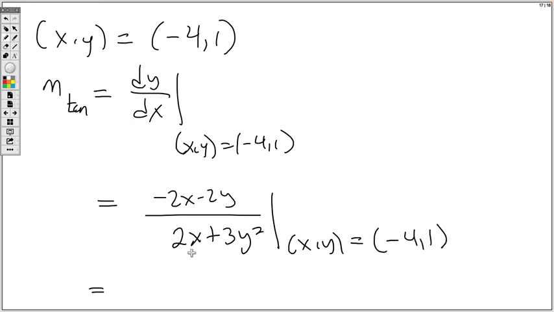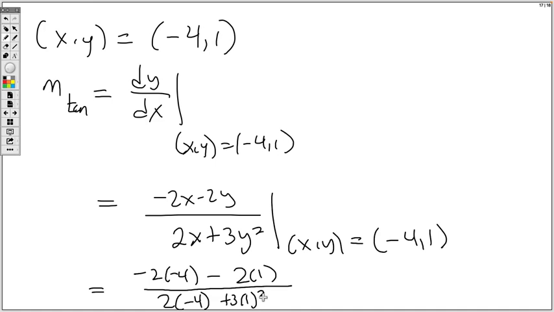So that means everywhere I see an x, I'm going to substitute in a what? Negative 4. Everywhere I see a y, I'm going to substitute in a 1. And let's see what this slope works out to be. In the numerator, what do I get?